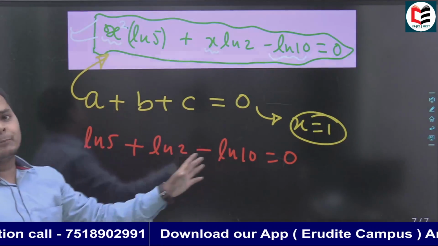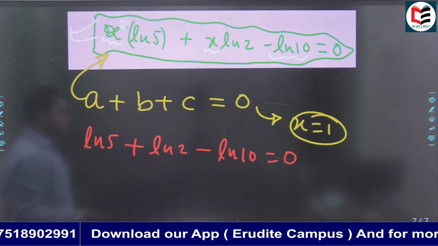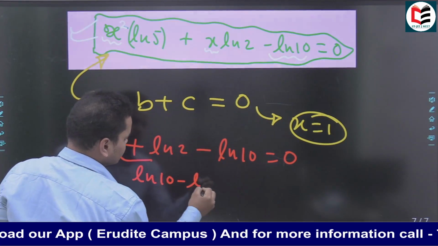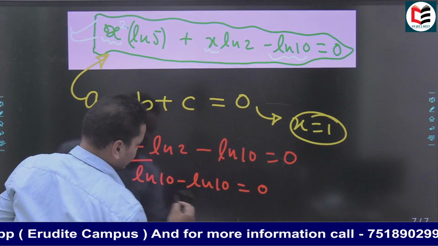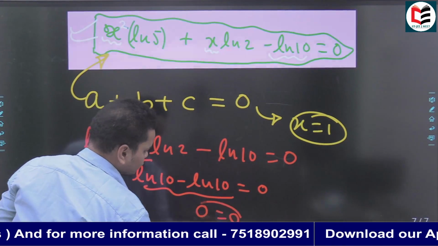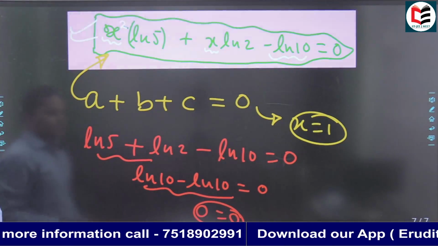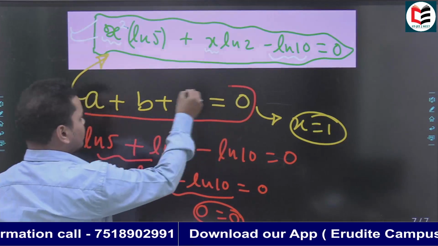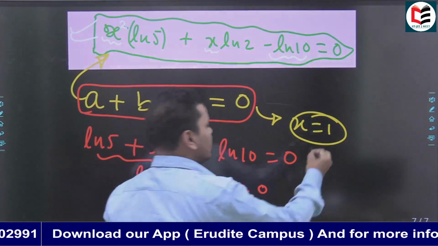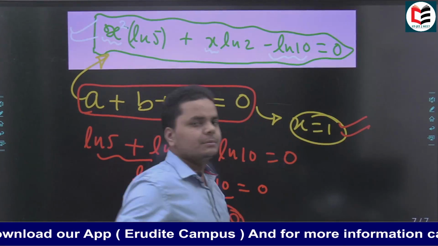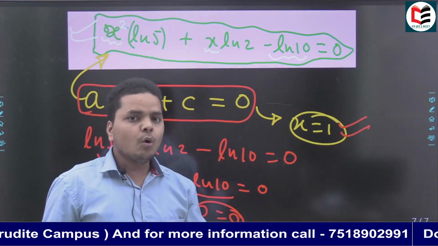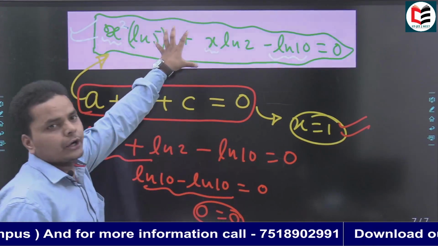Is it adding up to 0 or not? Here it is ln 10 and here it is also ln 10, and you know very well that ln 10 minus ln 10 makes 0, and 0 equals 0, hence proved that this a plus b plus c equals 0 statement is satisfied. So x equal to 1 must be one of the roots of this quadratic equation.